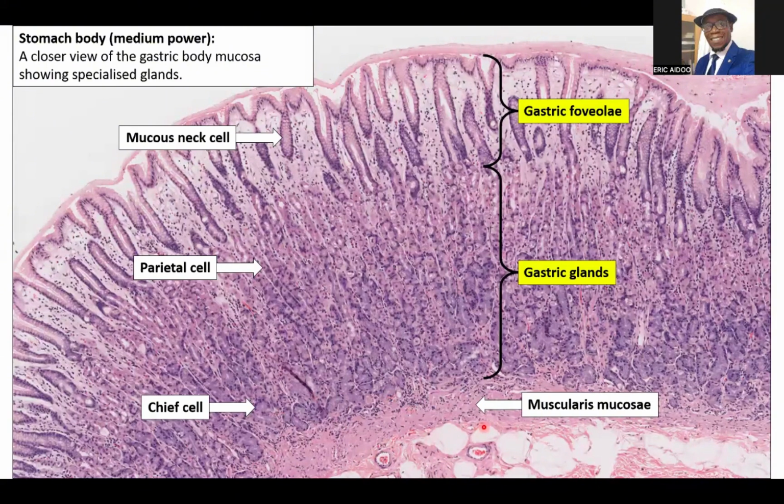So this also, without the submucosa showing much here, it will be down. So we just want to concentrate on the mucosa. So you have mucous neck cells, you have the parietal cells around the neck, and then also deep to the glands, and obviously, chief cells are deeper in the gland. Gastric foveolae are just depictions of the pits.